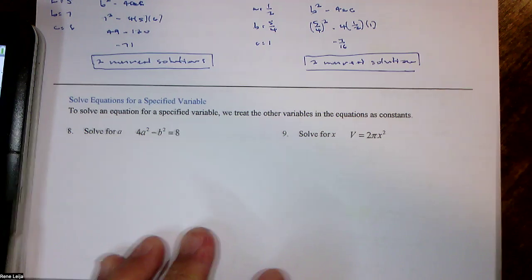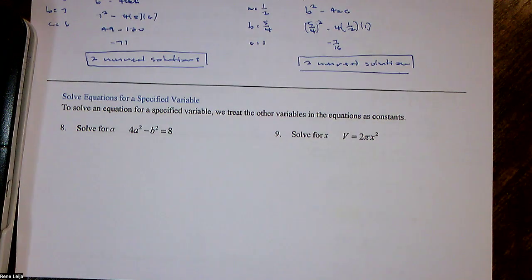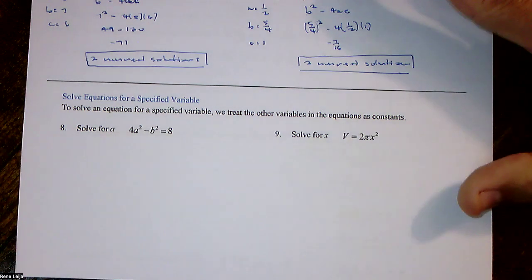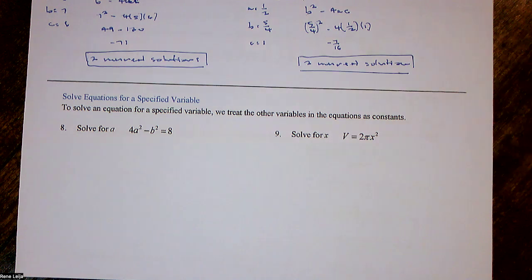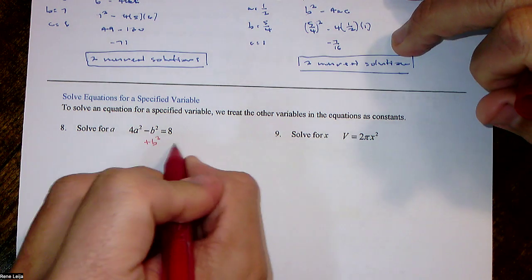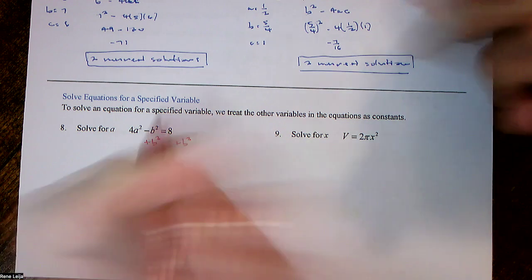always treat these like puzzles. So we're going to solve for the specified variable. They want us to solve number 8 for a. So I have to get a by itself. All right. So the first thing that I'm going to do is add b squared to both sides.